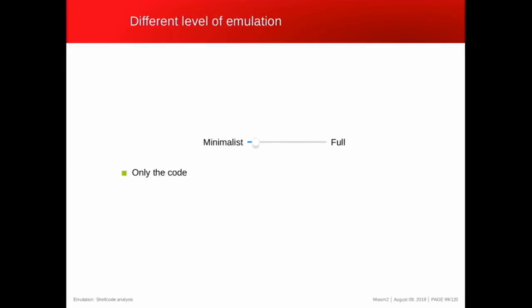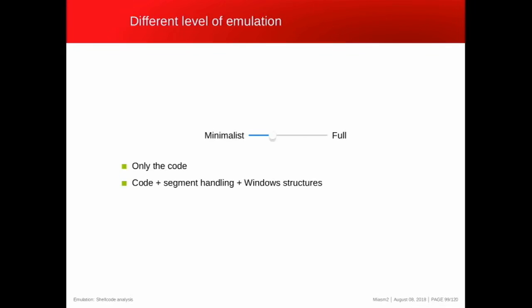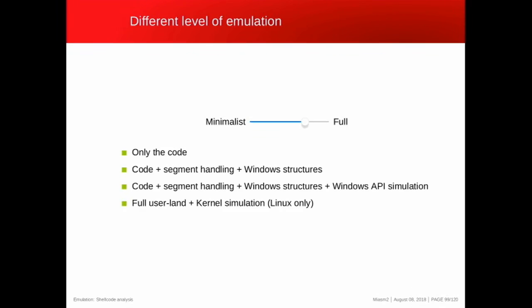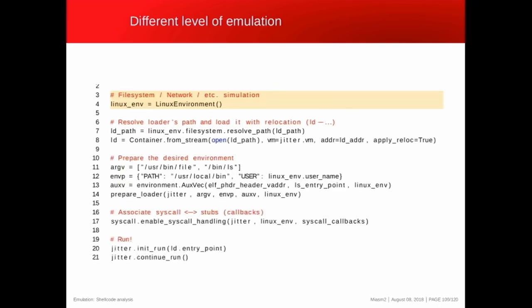So far, we've seen emulation from very minimalist, only the code and maybe a stack. Then we had segment handling, Windows structures, then Windows API simulation. But we can go further. Very recently, we had the full userland emulation. That is to say, the full userland runs, and just the kernel is simulated, only on Linux for now.